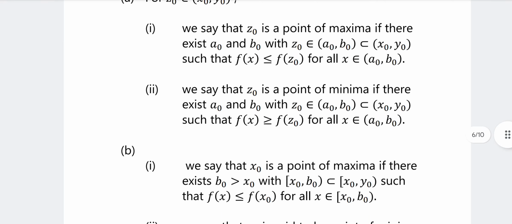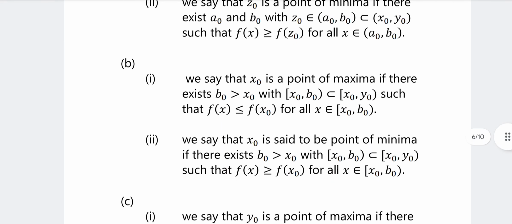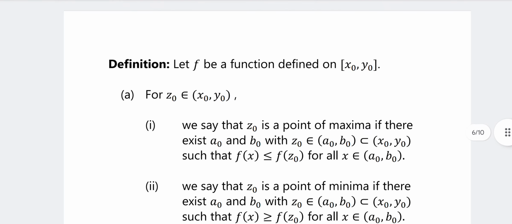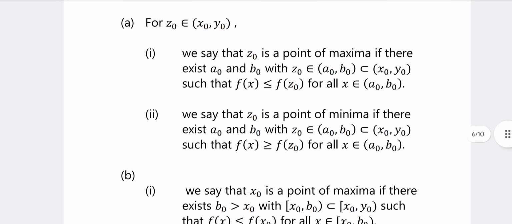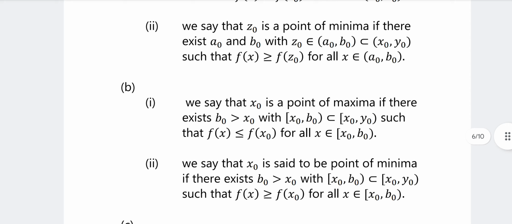Now suppose z naught becomes x naught, then how do we say that this is a point of maxima or minima?